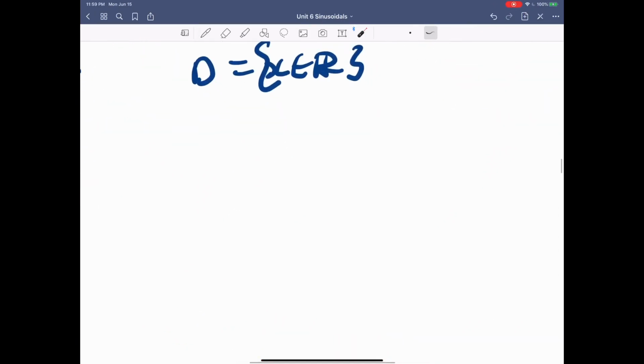One way is, let's say they want a specific number of cycles.